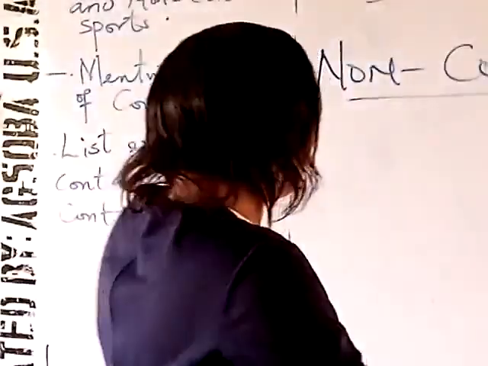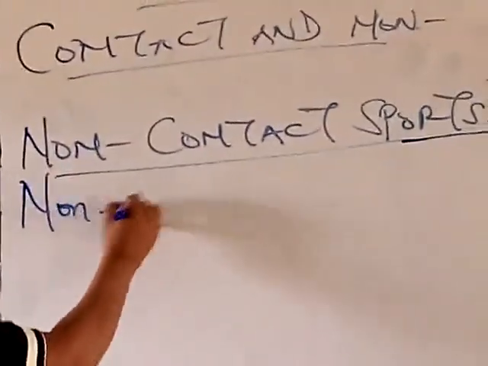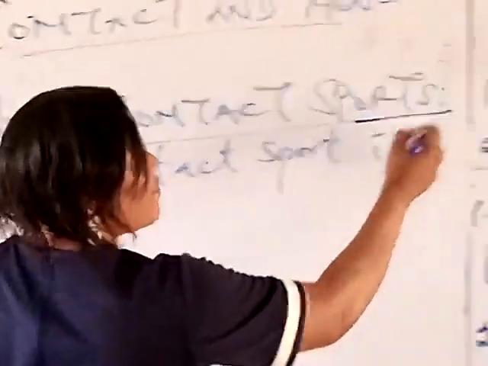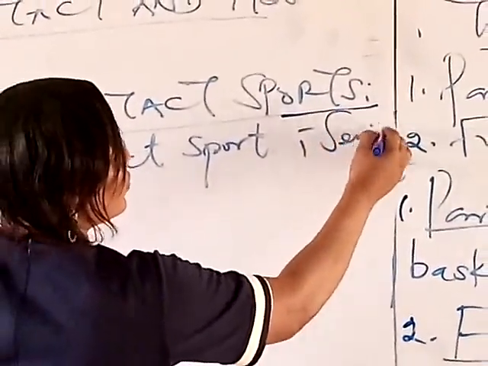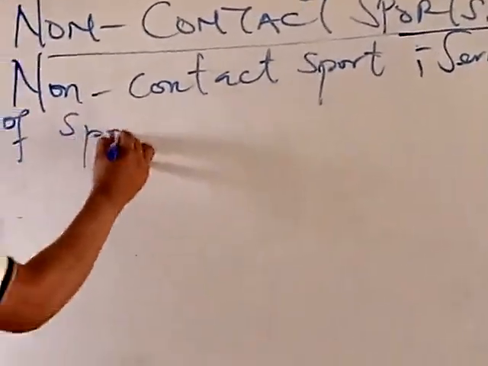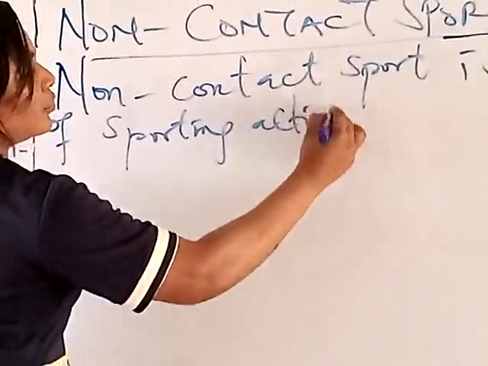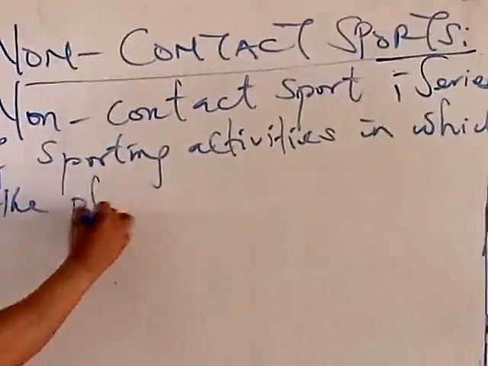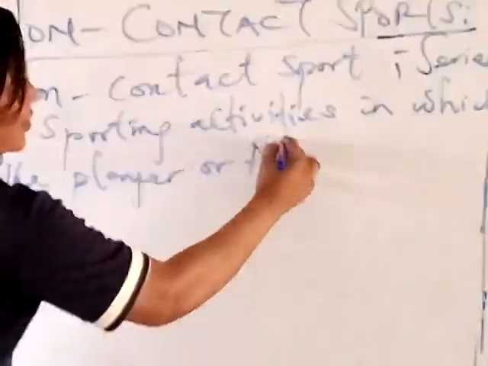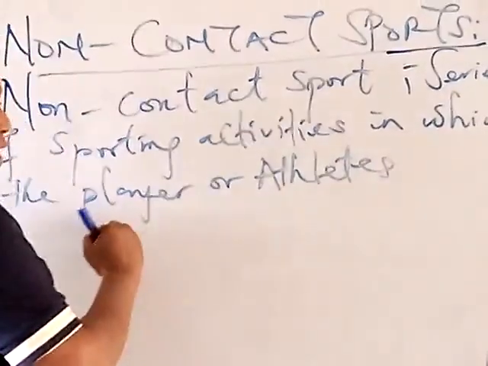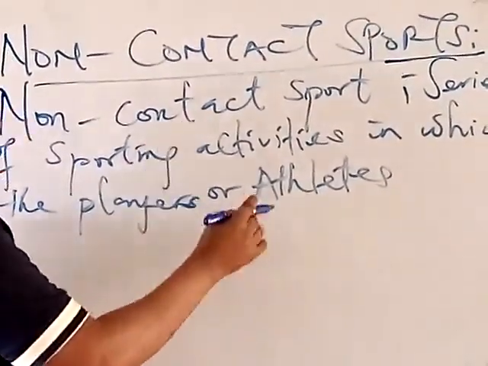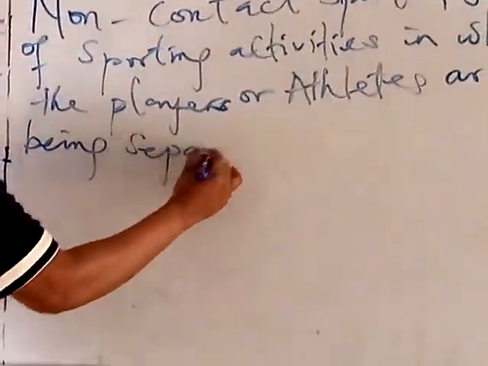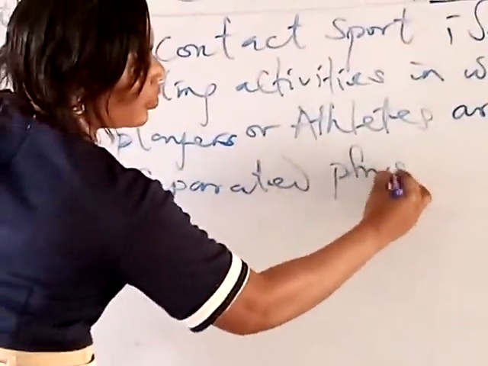We said that in non-contact sports, these involve a series of sporting activities in which the players or athletes, they can be referred to as athletes as well, are being separated physically.